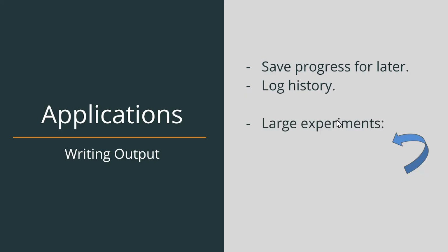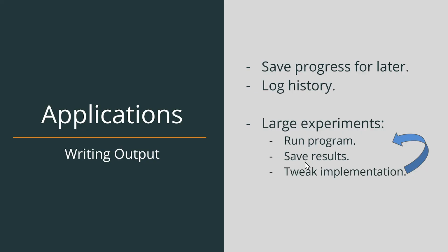If you're into machine learning, you'll end up doing some large experiments, where you run a program and then save the results. Let's say you're running statistics and then you save the results, but maybe you want to tweak the program and run it again. This is what the pipeline looks like.